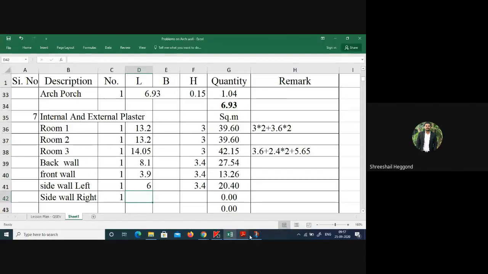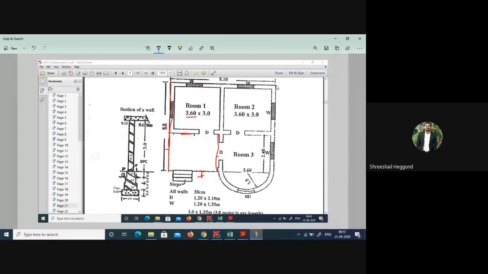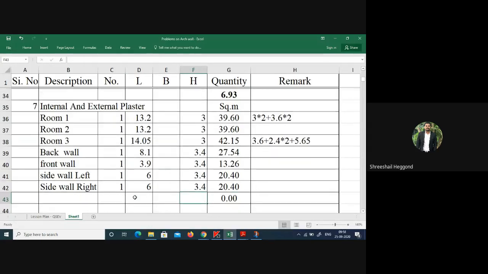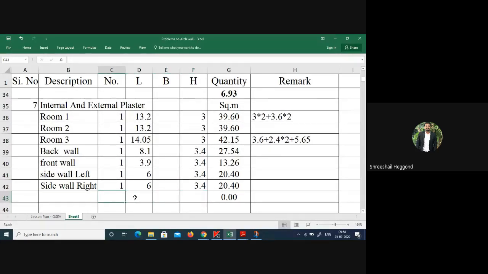Similarly, the right side wall you can consider, this end to this end. That is also same as this length, that is 6 meter. So you can write 6 meter, 3.4 meter height. This is done with all surroundings excluding arc wall. Okay.